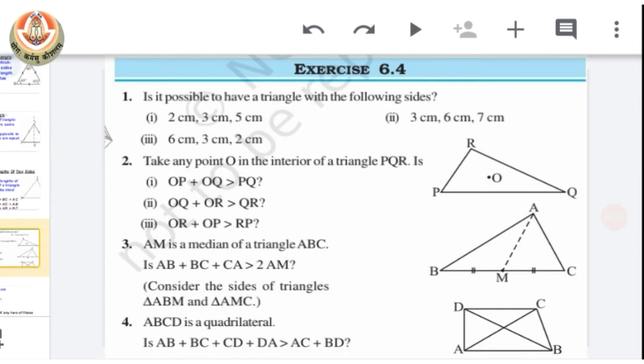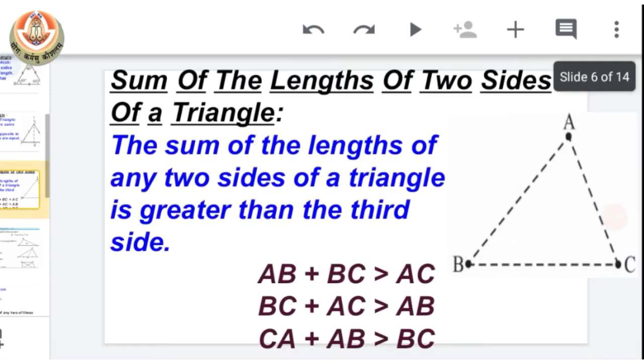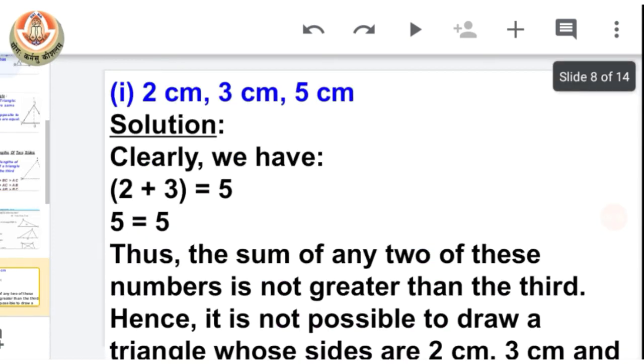In the first question, we have to check whether a triangle with the following sides is possible. We are given three cases, and in each case we are given all the three sides for a triangle, and we have to check whether such a triangle could be possible or not. So we have to use the sum of lengths of two sides property for this question.